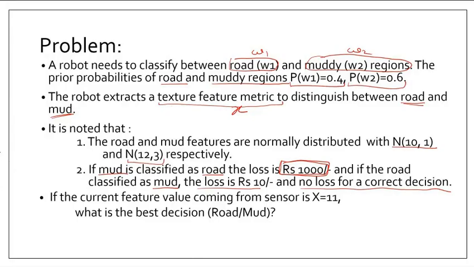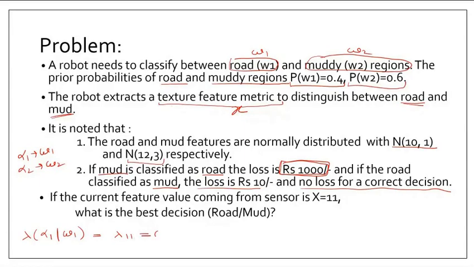So we have to have two decisions here. Alpha 1, which is in favor of omega 1, alpha 2, which is in favor of omega 2. Then when I say loss, if I take decision alpha 1 that is in favor of omega 1, so I am classifying road when the true state is road, it is written as lambda 1 1.